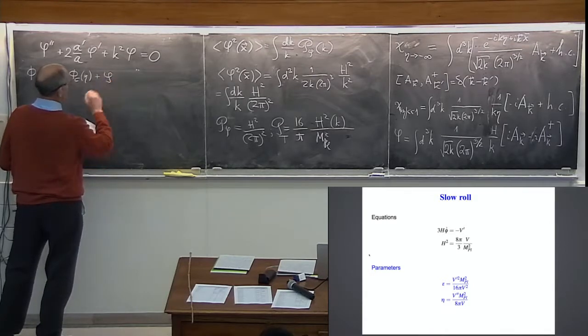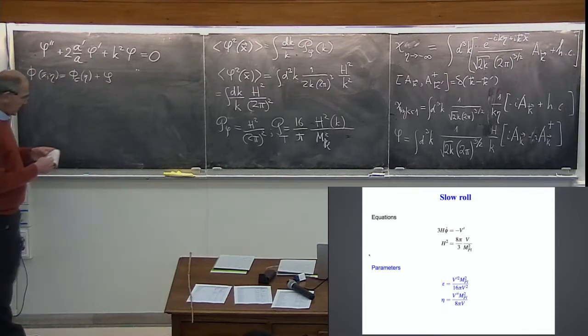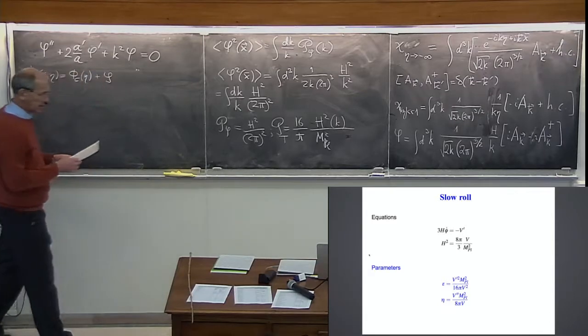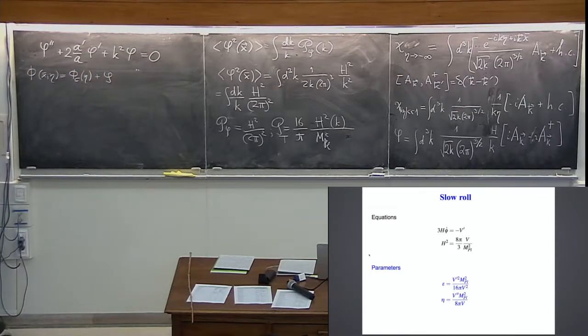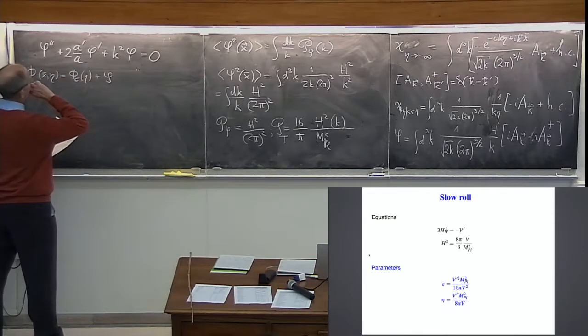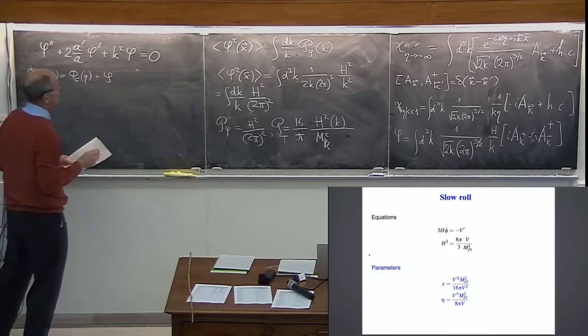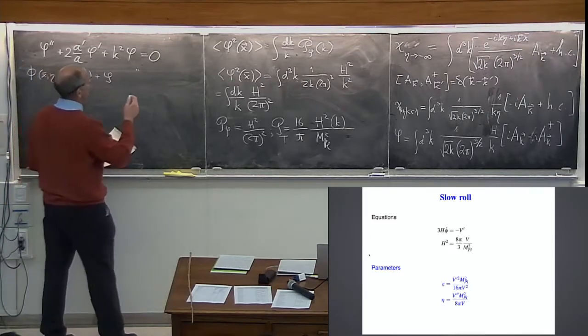Phi, perturbations of the inflaton field. And the equation for perturbations of the inflaton is not this one, because you have also the scalar potential, right? So you have here also a term due to the potential, and remember that the potential enters with an extra factor.